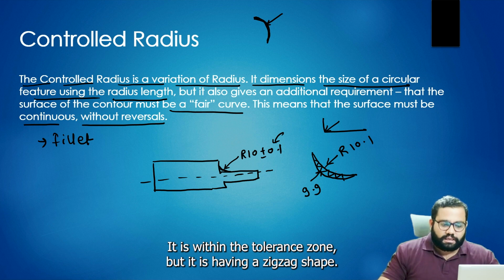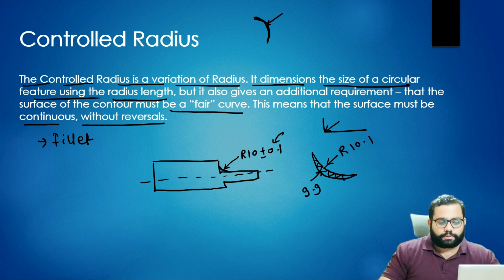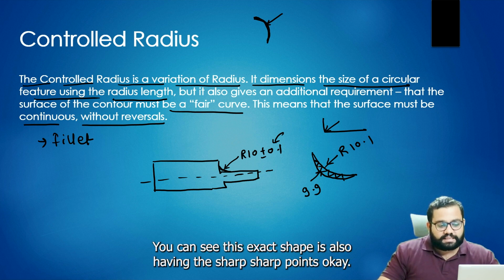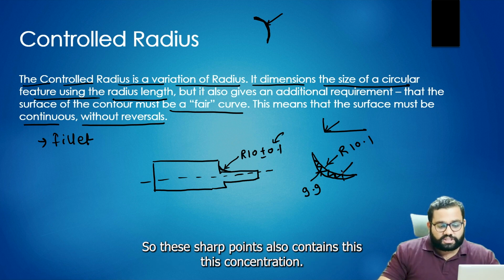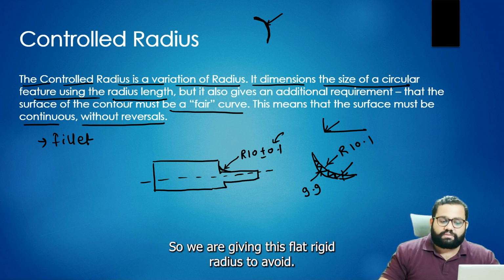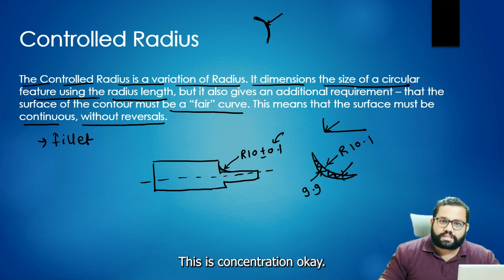It is within the tolerance zone, but it has a zigzag shape. This zigzag shape also has sharp points, and these sharp points also contain stress concentration. We give the fillet radius to avoid stress concentration.